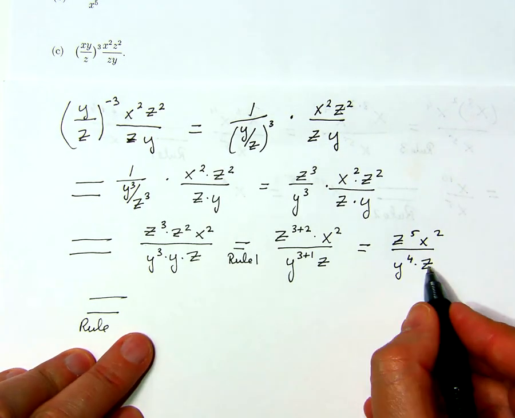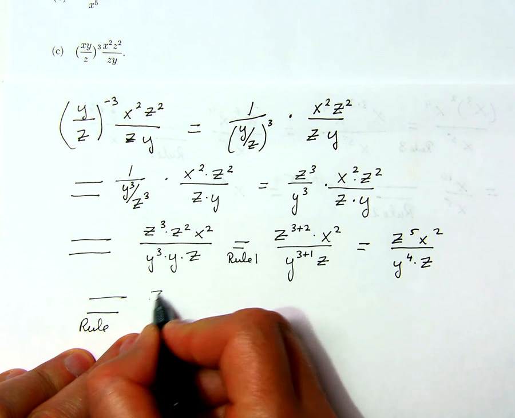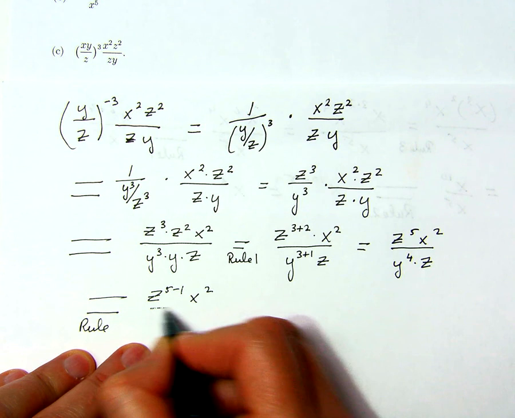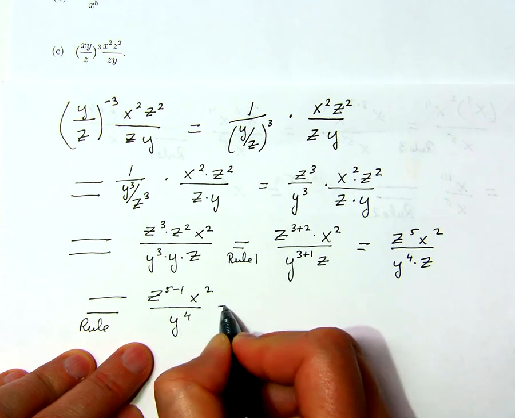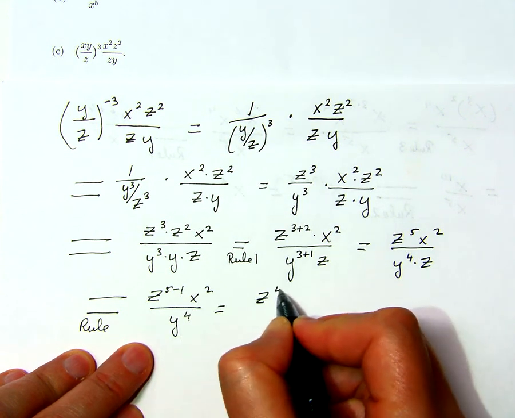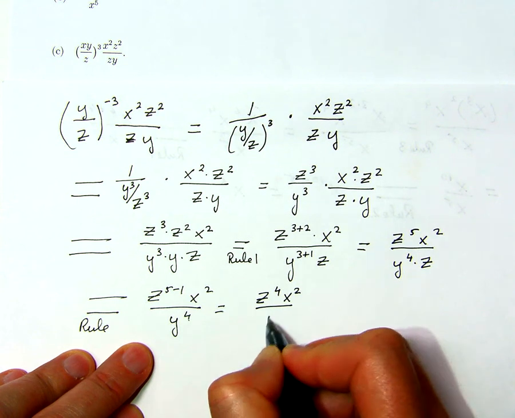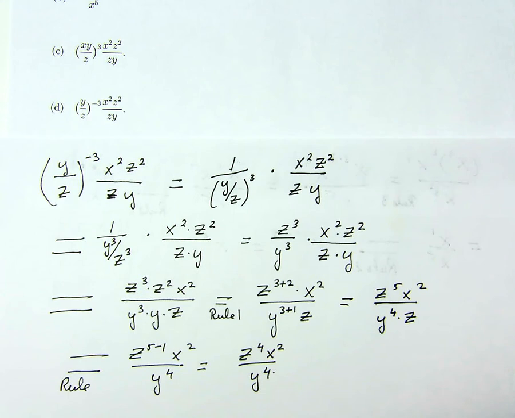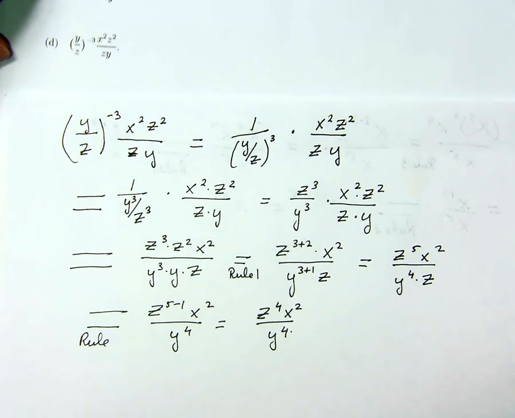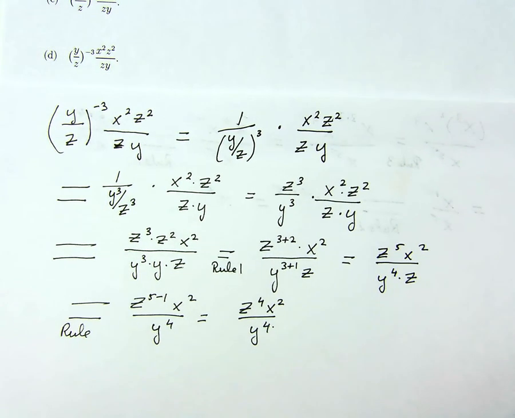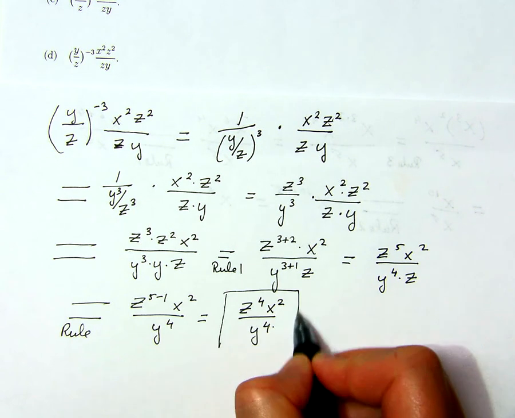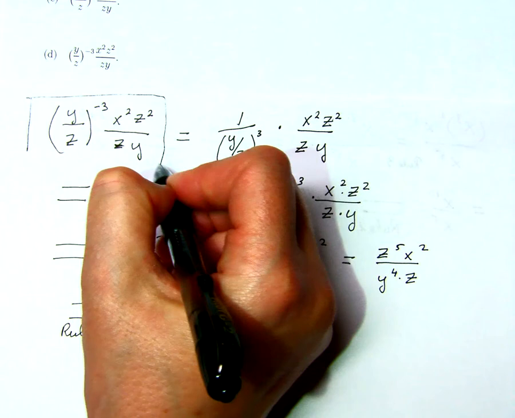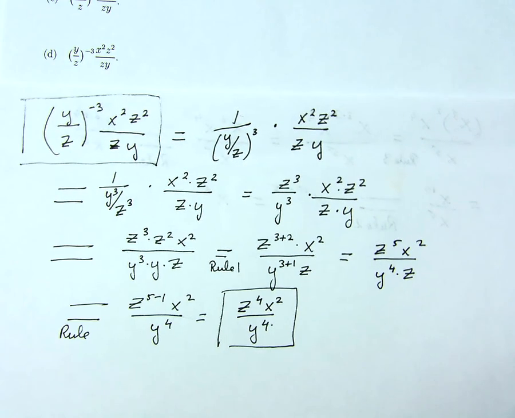We have z to the 5 over z is z to the power of 5 minus 1 times x squared over y to the 4. So that's z to the 4 times x squared over y to the 4. And that's about as simple as we can make this thing. And it certainly does look a lot simpler than the initial version. So we'll stop right there.